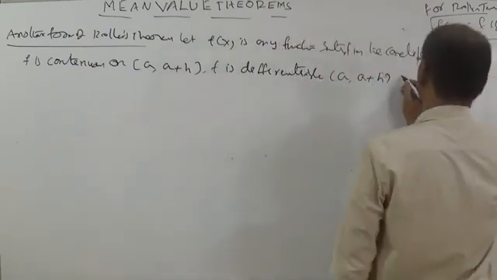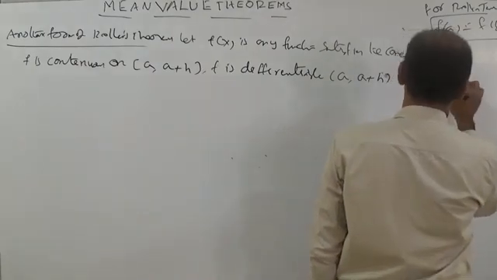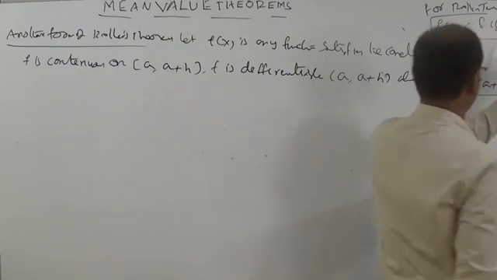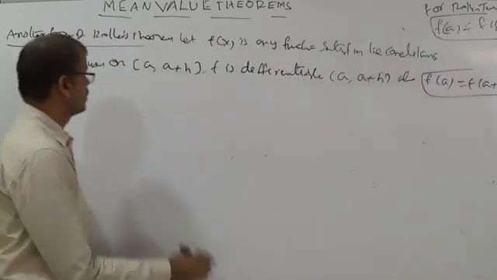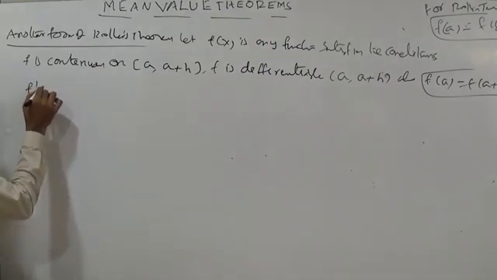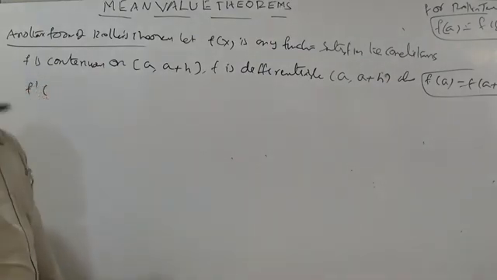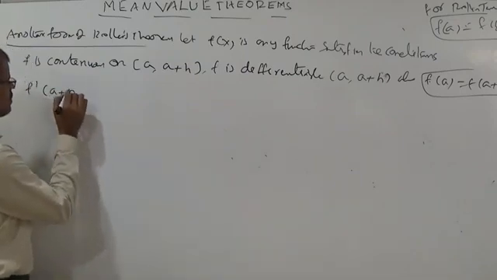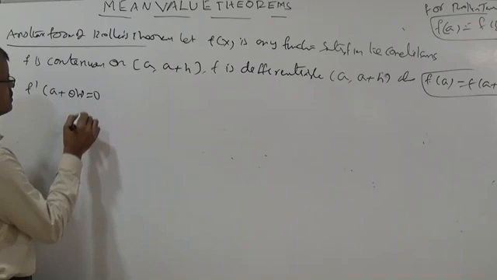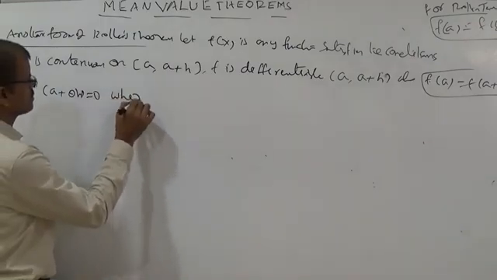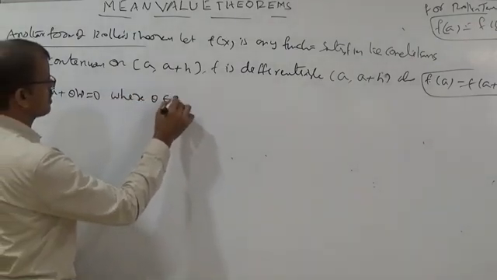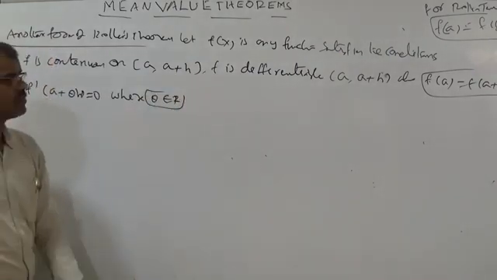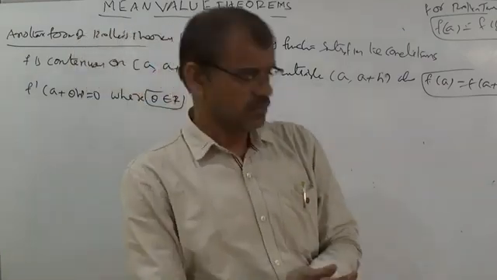Also, f of a is equal to f of a plus h, in the same way as f of a equal to f of b. Then you can write f dash of a plus theta h equal to 0, where theta belongs to R, a scalar. This is another form of Rolle's theorem.